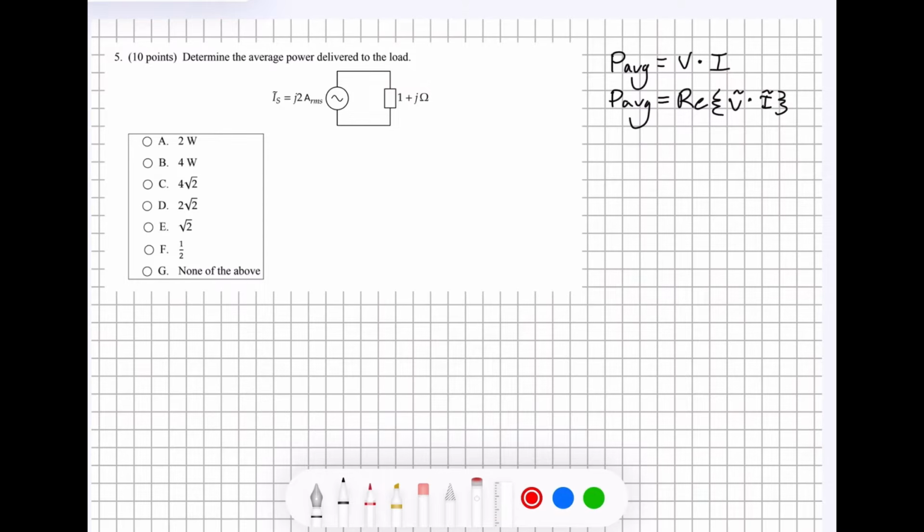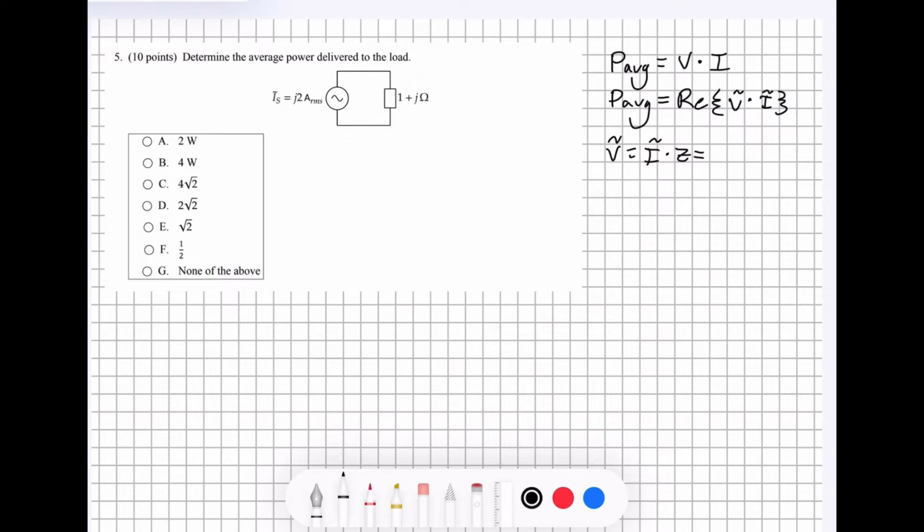We're given I of S over here, which is going to be used for our I value, but we aren't given our voltage value. However, we can find this pretty easily using Ohm's law. So V is going to be equal to I times Z, where Z is the impedance.